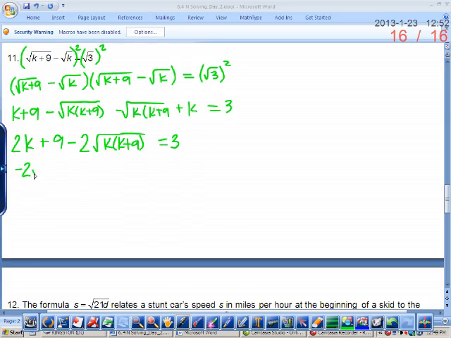So I have negative 2 root k times k plus 9. There's an addition in there. Because I need to isolate this other radical so that we can square it again. So I subtract 9, and I subtract 2k, so I'm going to get minus 2k minus 6.